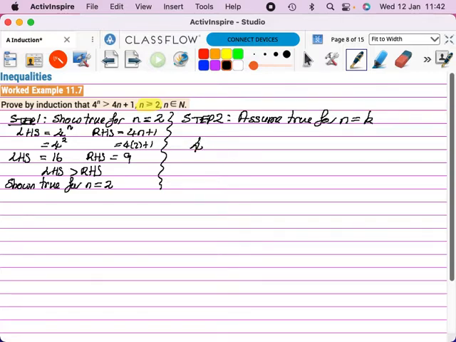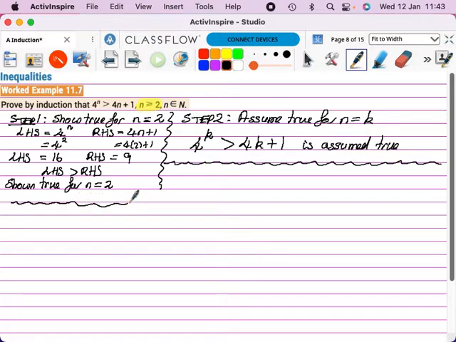Well, it was 4 to the n, so n is now equal to k, so it's 4 to the k is greater than 4k plus 1, assumed true. Okay, so that's now done, and I'm hiving off that area there. So now we're on to step 3.